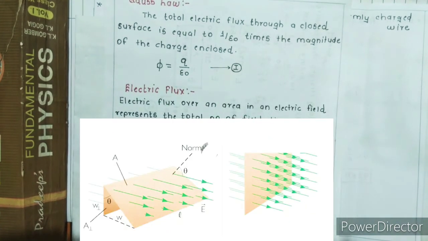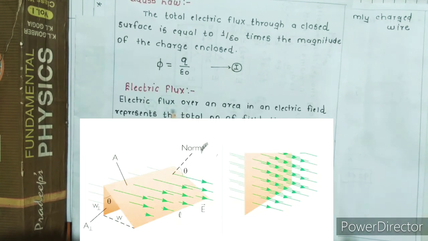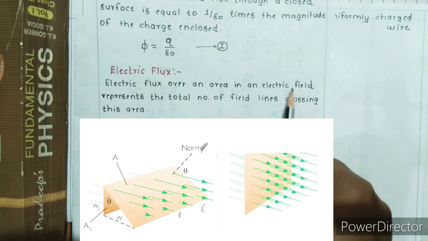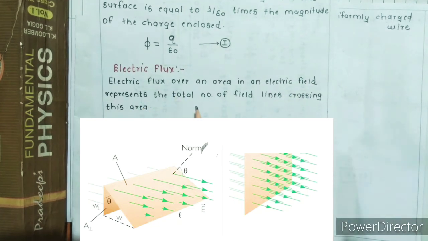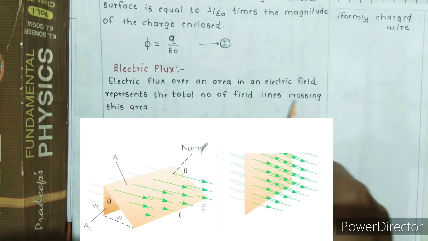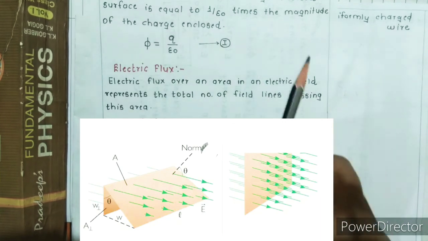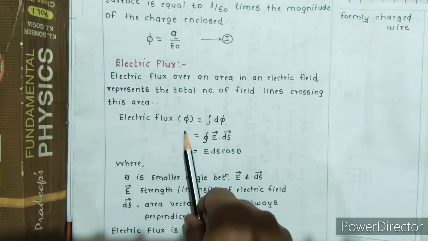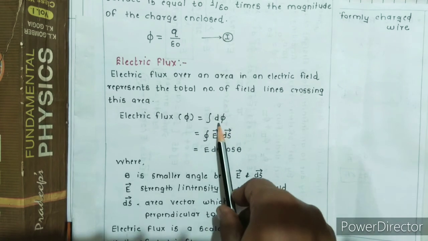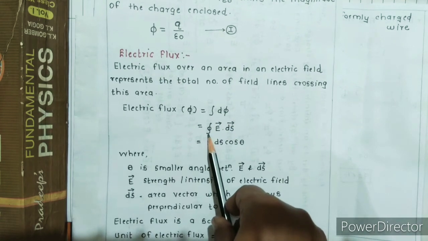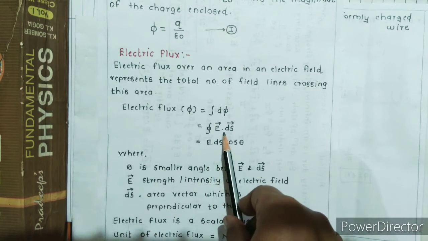Now next is the concept of electric flux. Electric flux over an area in an electric field represents the total number of field lines crossing this area. Electric flux phi is equal to the integration of d phi, that is the closed integral of vector E dot ds.